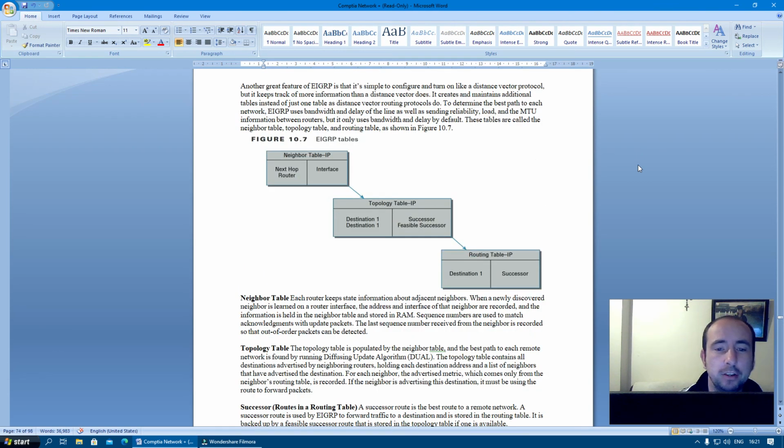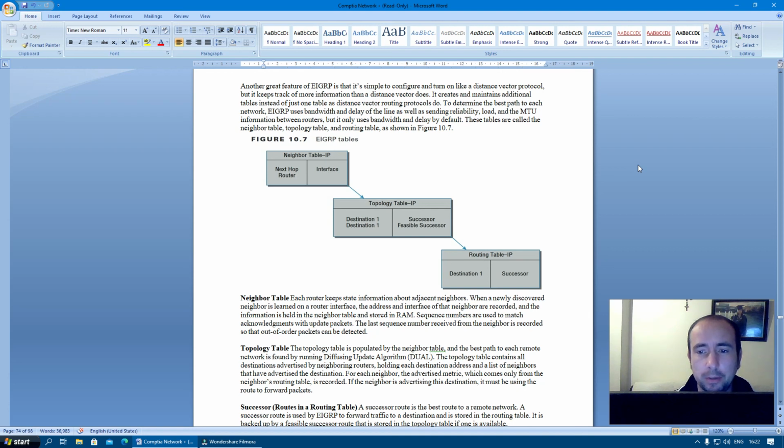Another great feature of EIGRP is that it's simple to configure and turn on like a distance vector protocol, but it keeps track of more information than distance vector does. It creates and maintains additional tables instead of just one table, as distance vector routing protocols do.